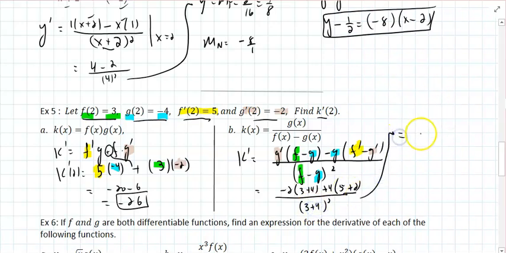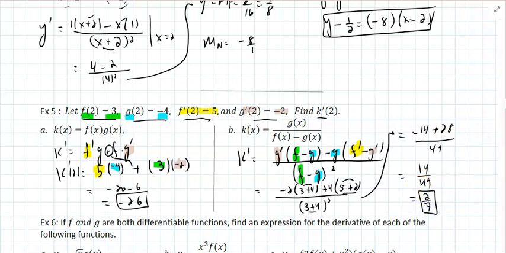So that turns out to be a 7, -14, that's a 7 plus 4 times 4, that's 28, over 7 squared, which is 49. That turns out to be 14/49. Divide by 7. There it is.